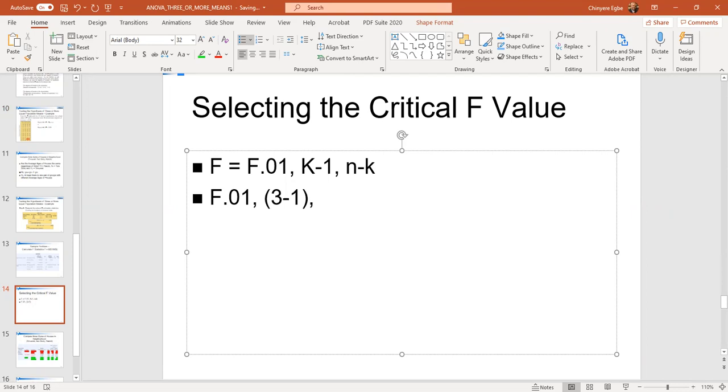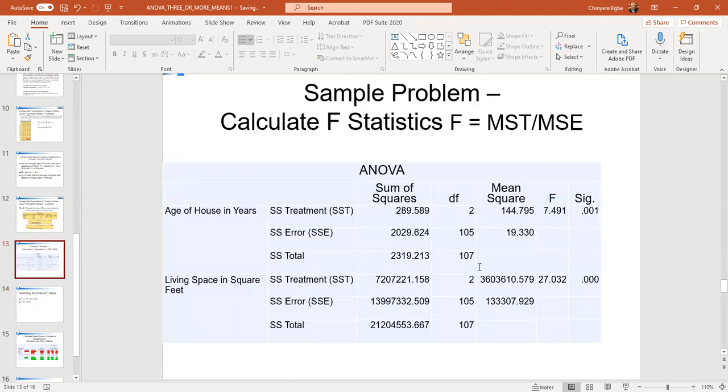Altogether, we have 108 observations actually.